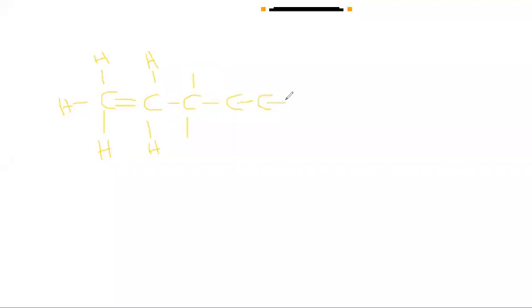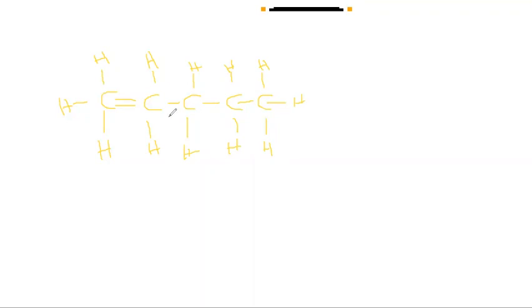This is the molecule, and the easiest way to remember is that each carbon must have 4 bonds, not less than 4, not more than 4. This is the key concept to remember for drawing a proper structure of hydrocarbons.